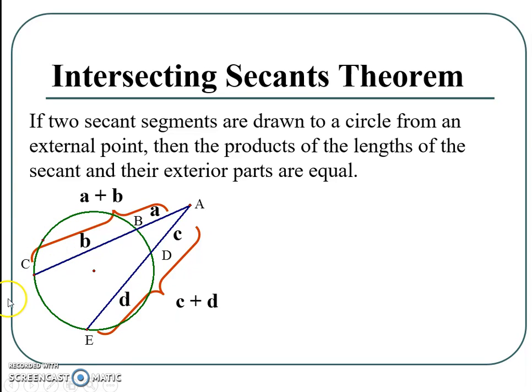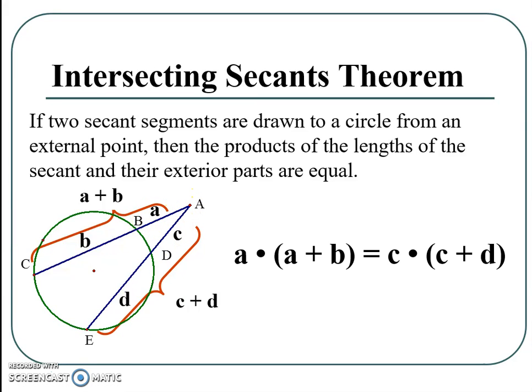Here you have AB, this is the secant, you have CD. The exterior parts are right here, A and C.